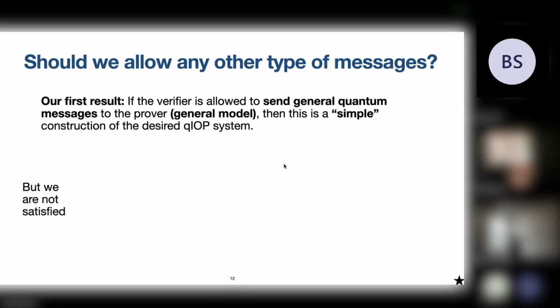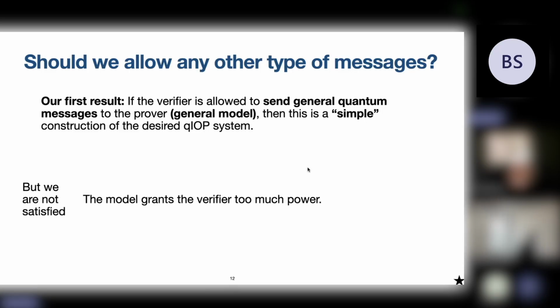By simple, I just mean the verifier prepares n EPR pairs and sends half to the prover. Then the prover and the verifier share n EPR pairs after this first step, and the prover teleports the quantum witness to the verifier.